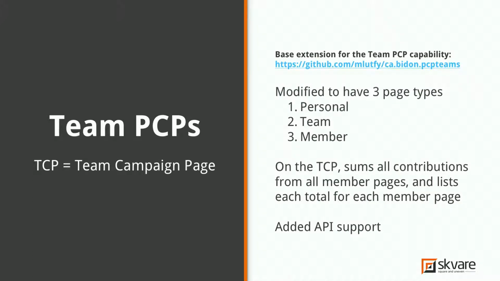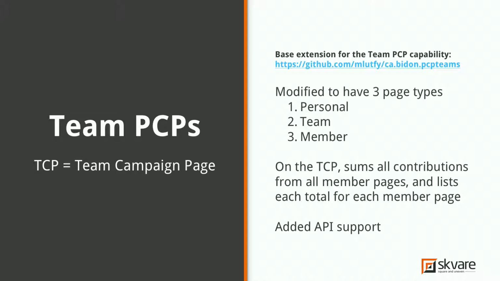So then we've taken the team personal campaign pages, and again, we've added a layer. Normally you either donate individually or you've got a personal campaign page, and this is an umbrella, another level, with the ability to put in a team campaign page.